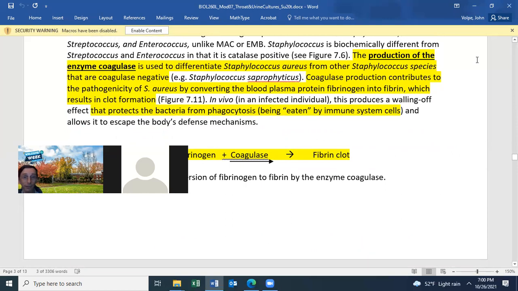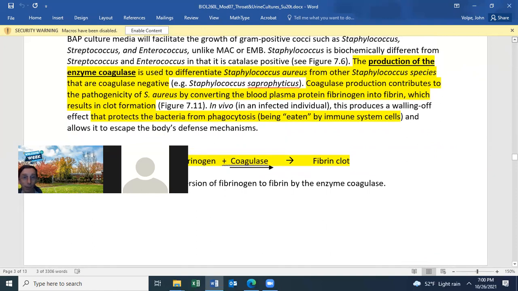One of the tests that's used is the enzyme coagulase. Coagulase is used to differentiate Staphylococcus aureus, a human pathogen, from other Staphylococcus species. Staphylococcus aureus is coagulase positive. The other members of the Staphylococcus family are coagulase negative.